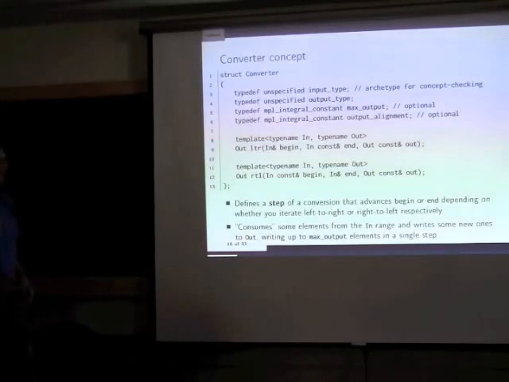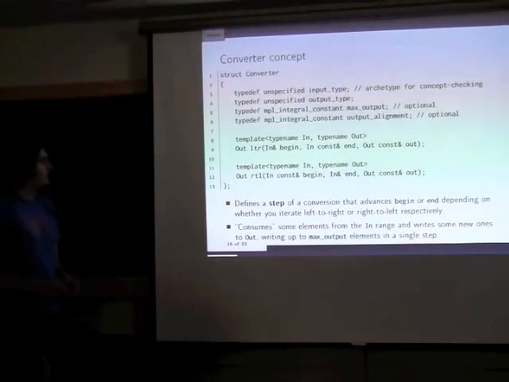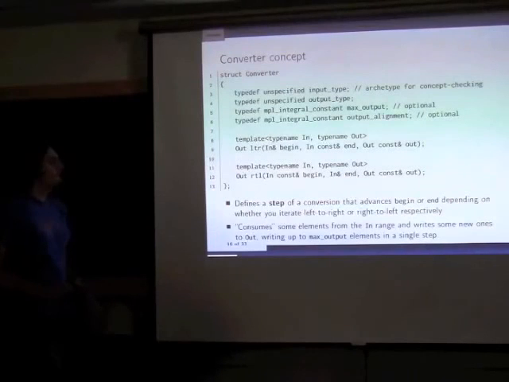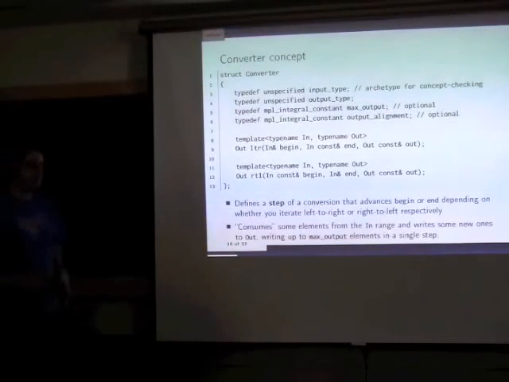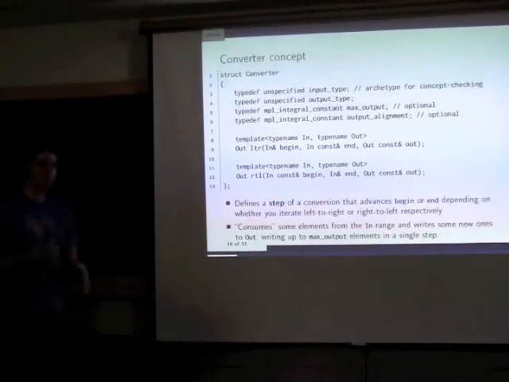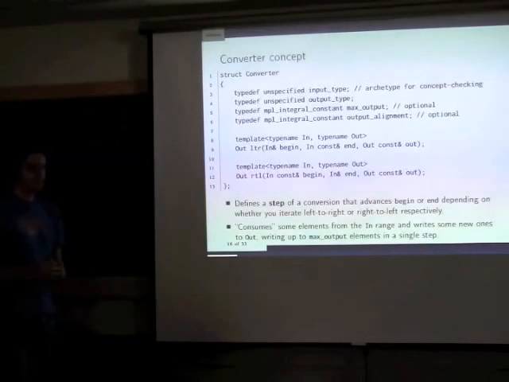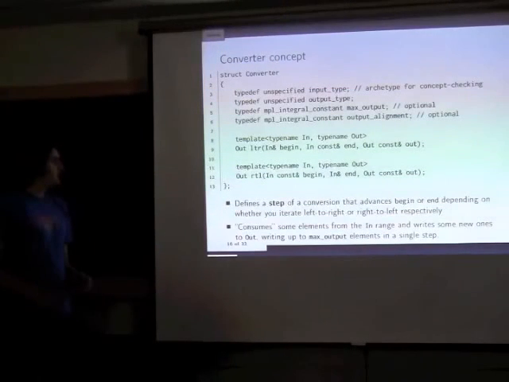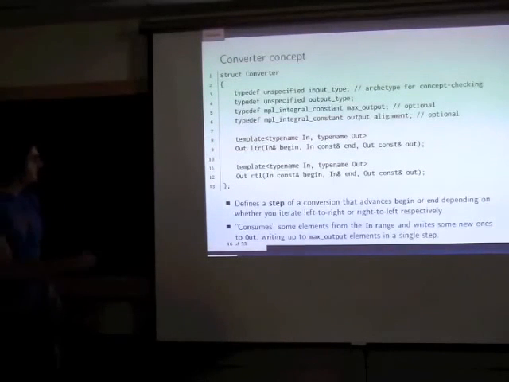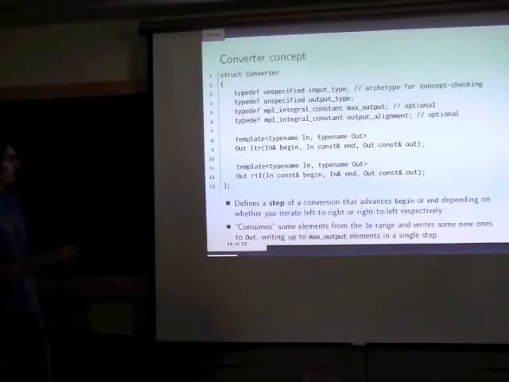So to do this, I'm introducing a few concepts. This is the converter concept. This is the main concept in the library. This basically models a step of a conversion. What we're going to do is try to apply a conversion step by step with an iterator adapter. So it works for bidirectional ranges. Here, in and out are iterators.